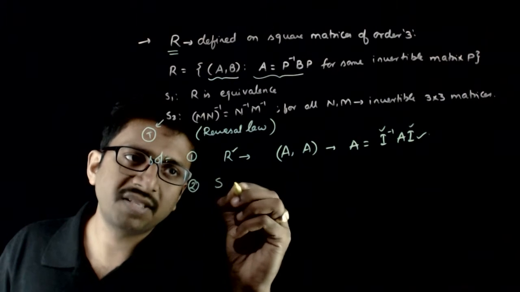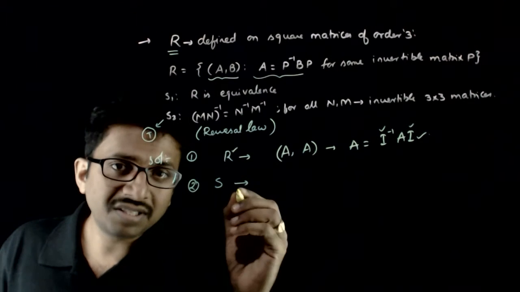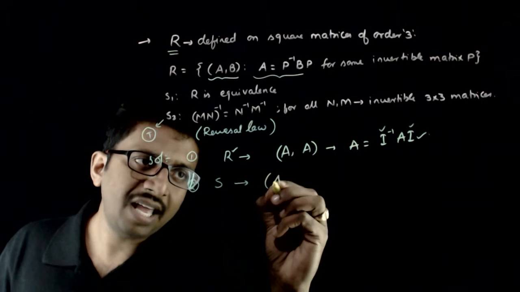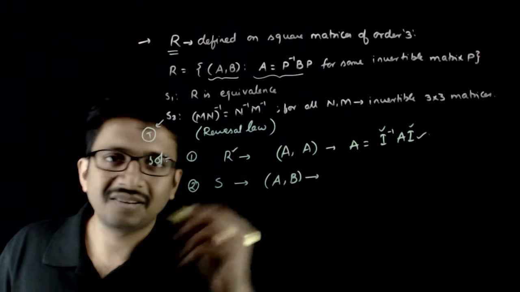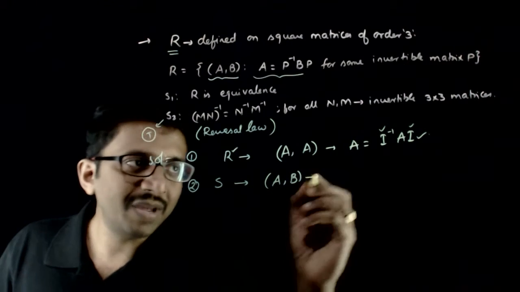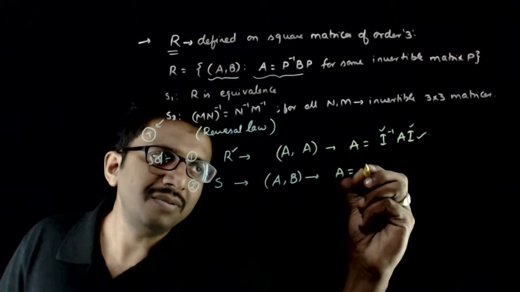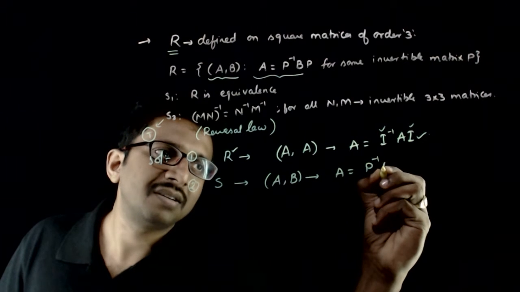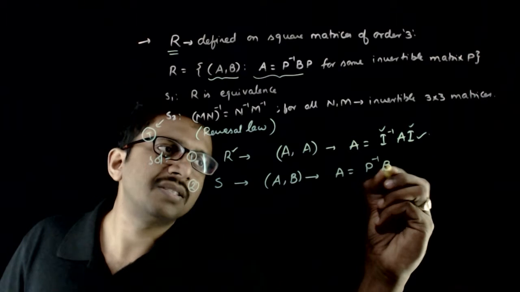Second, let me check symmetry. Let A comma B be related. That means A should be equal to some P inverse BP.